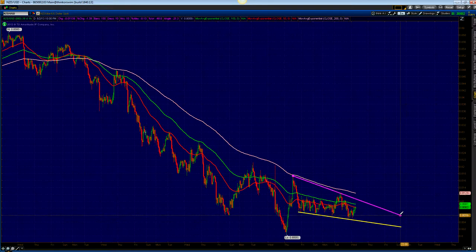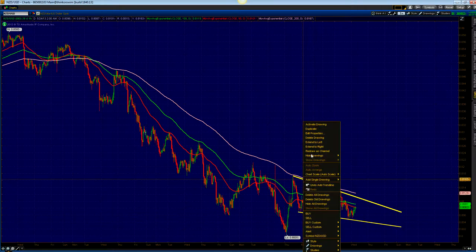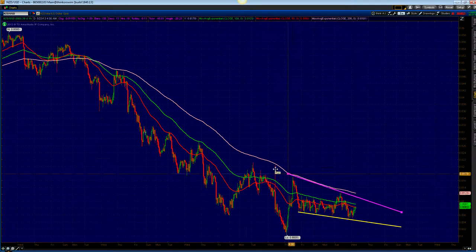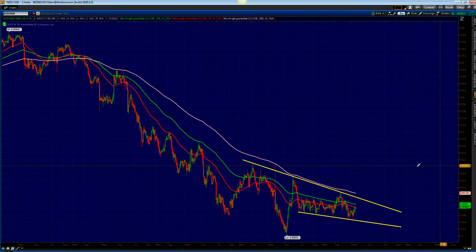The top side is a little less clear, but this is the general idea. If we ignore this spike higher, we really do get three nice clean touches on what looks to be some sort of descending wedge on the hourly chart.